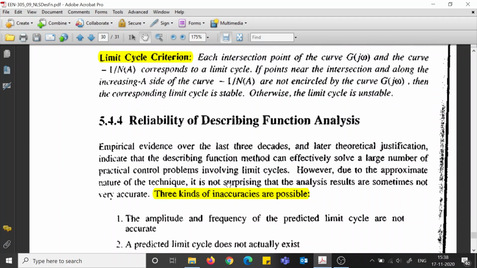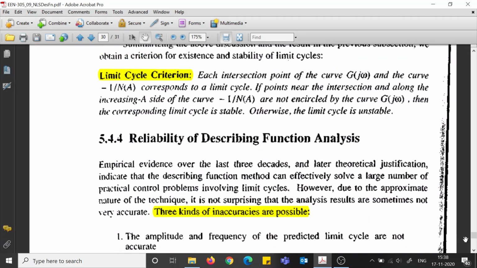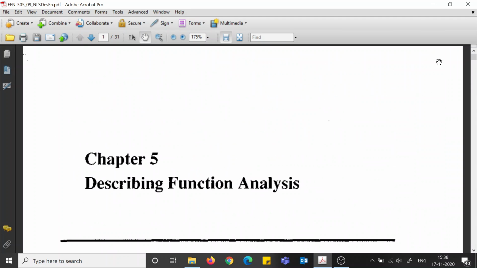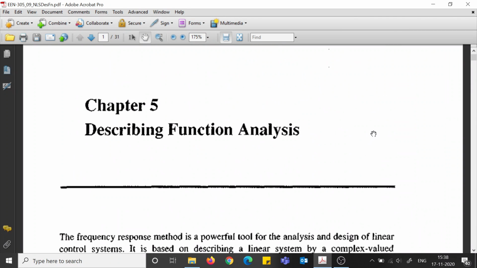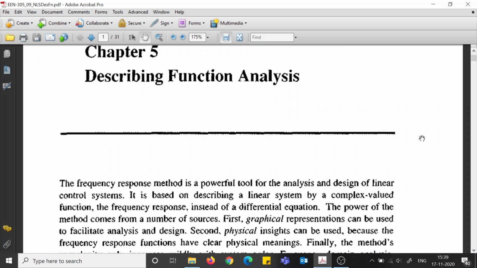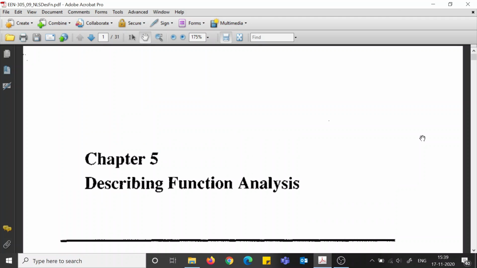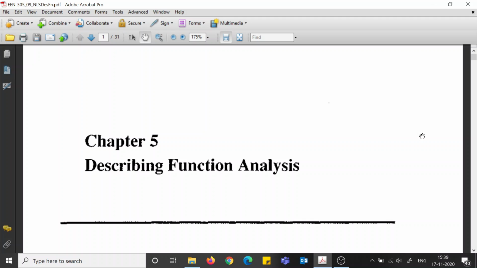So all these different things are there. This is an overview of the describing function method. I suggest you go through this document, this chapter. Read it slowly and you will come to understand what is in it. Normally for numericals you will be asked to evaluate describing functions for different nonlinearities. The examples are given here.